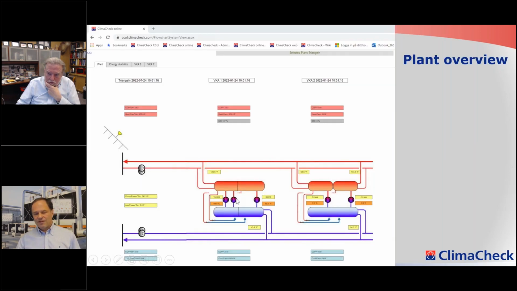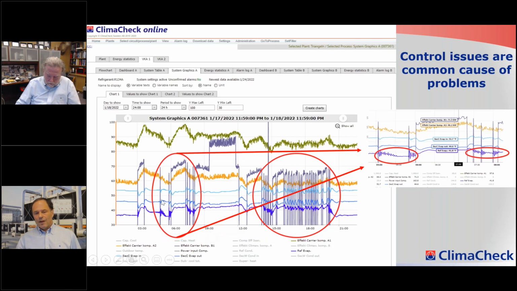This is a typical installation with an aquifer used both for heating and cooling, with 2 units. At some loads, we have short cycling of the compressors. That results in the system throwing oil out into the system, which ends up in the evaporator and doesn't come back.